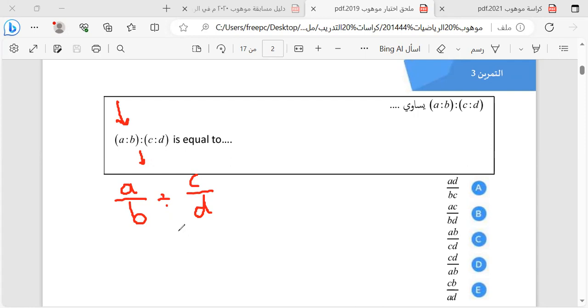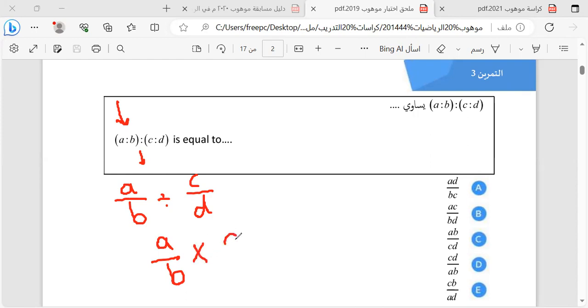We multiply. Okay, my student. So the answer here, we change division to what? Convert division to multiplication. So A over B, division, you what? Multiplication.